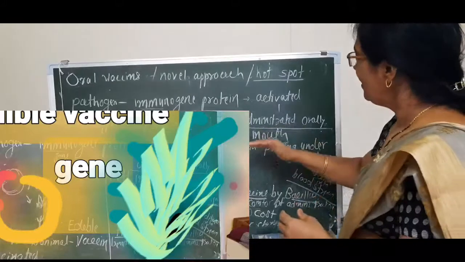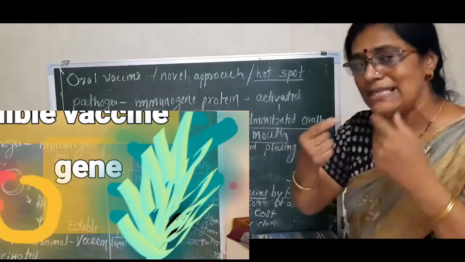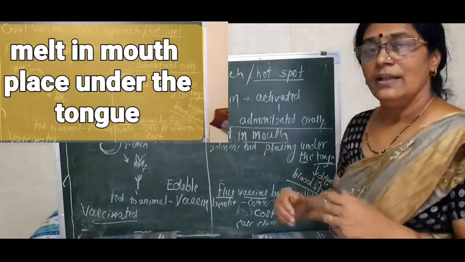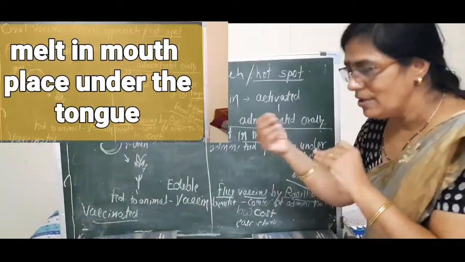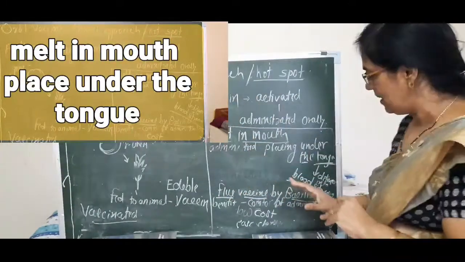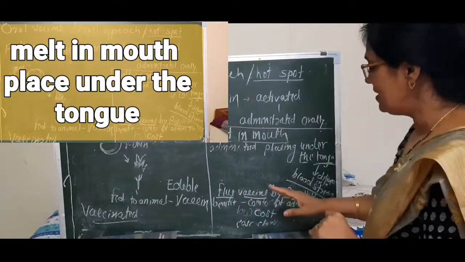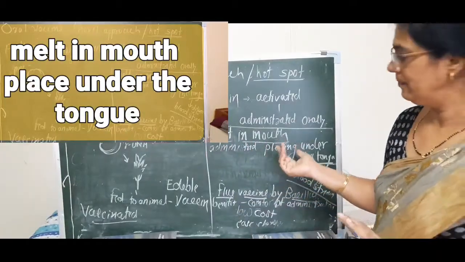That is, when the vaccine or this gene is administered by placing it under your tongue, it gets activated and is delivered into the bloodstream, and the patient produces antibodies against that pathogen.